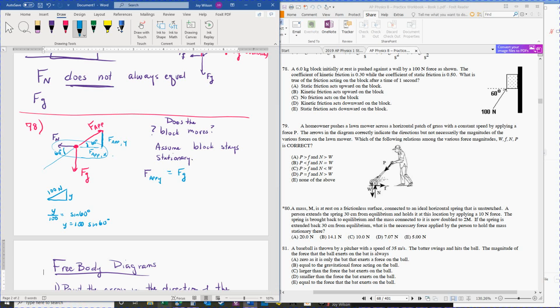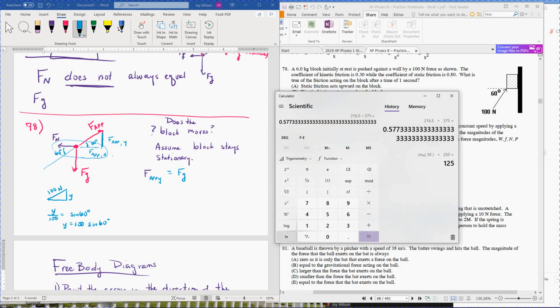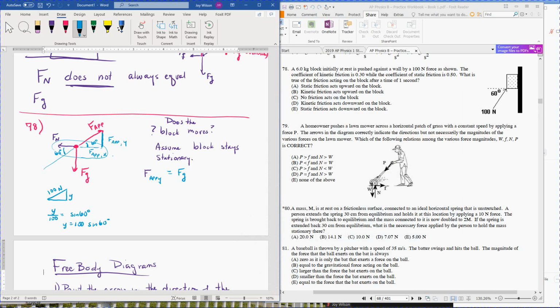So I get this down here and I go, okay, I can do that. 100 times the sine of 60 is 86.6. So 86.6 newtons. And my force due to gravity is 6 times 10.